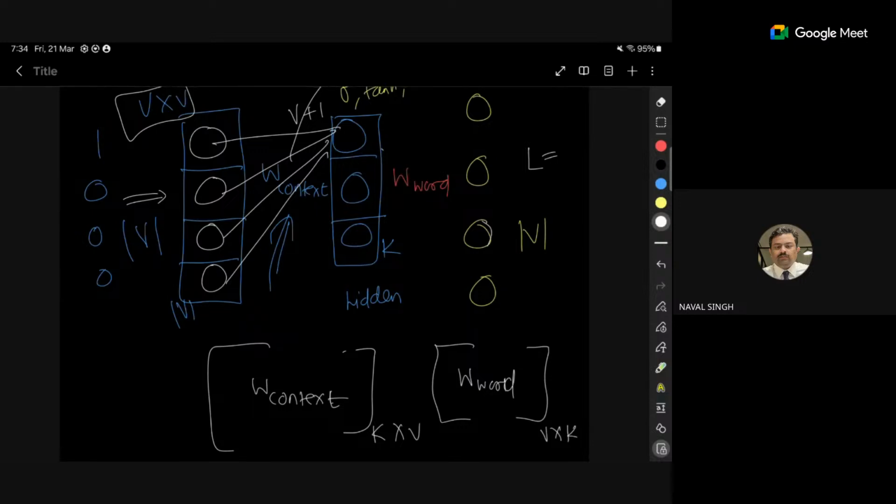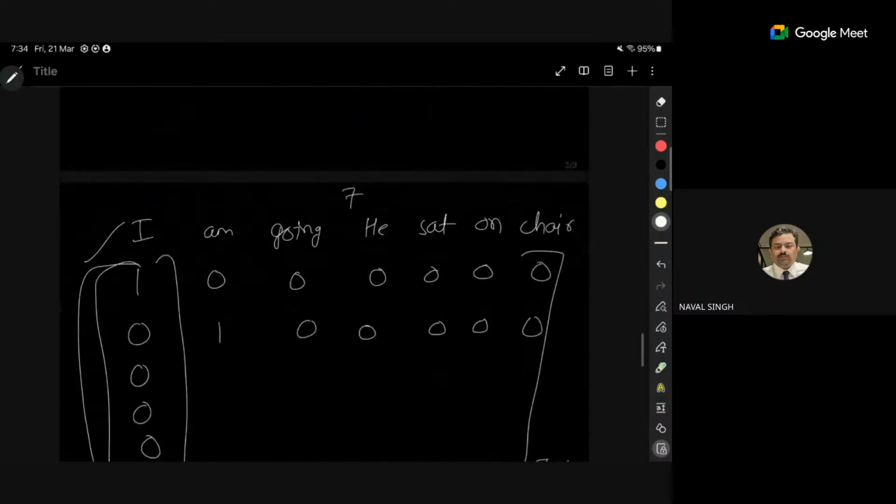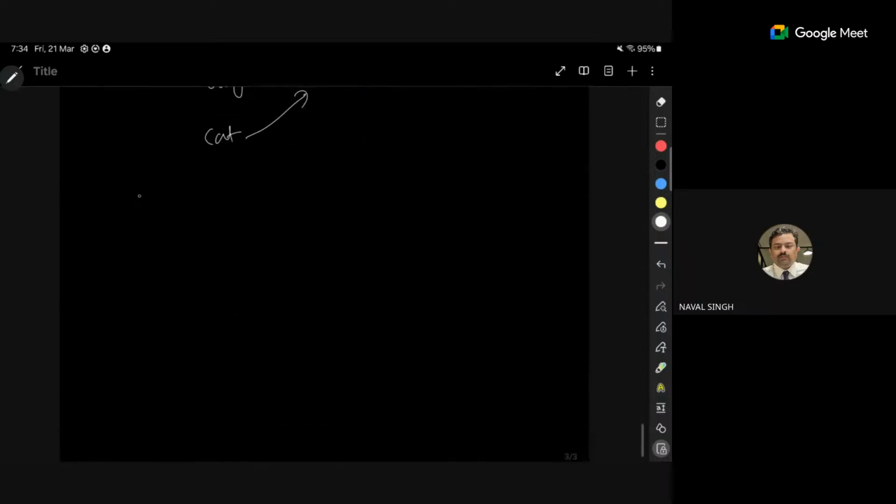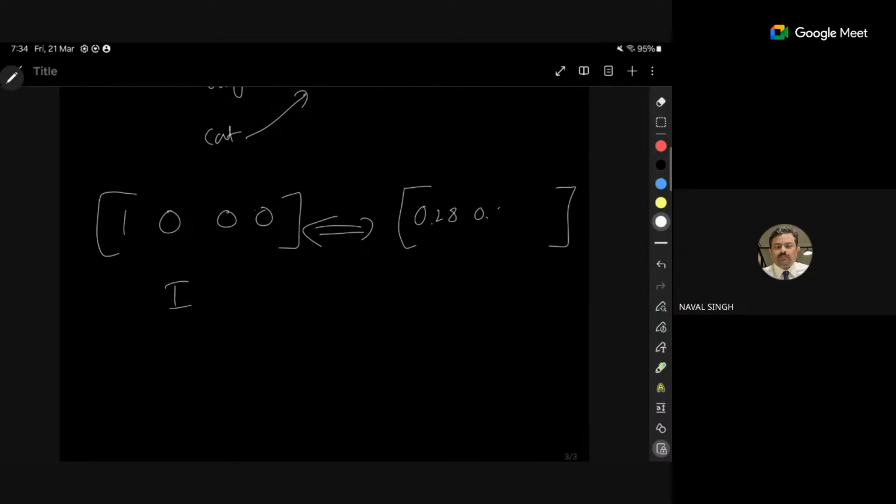No, no, no. See, actually what we are doing is, let's say I is represented like this. This is I, right? After you do this whole thing, you will see that inside W context, one column of I is being represented like this: 0.28, 0.52, 0.3.